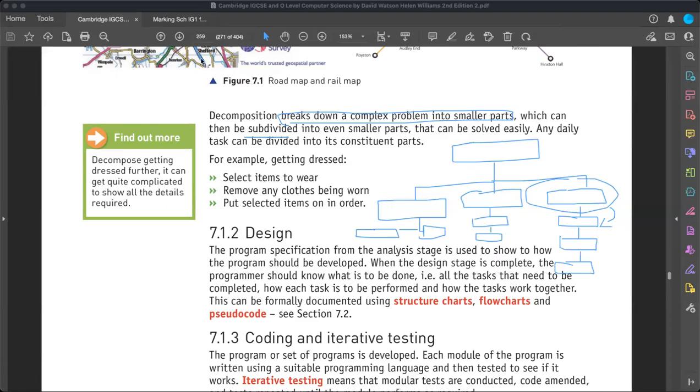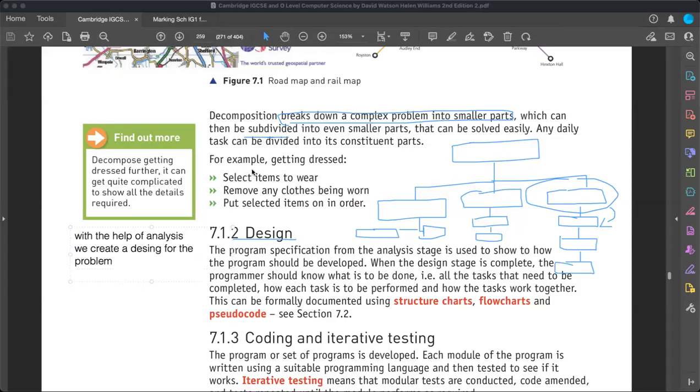Okay. Analysis is done. Now the next stage is design. What is design? Design means that we are going to create a design, but we are creating the design with the help of the analysis stage. With the help of analysis, we create a design for the problem.